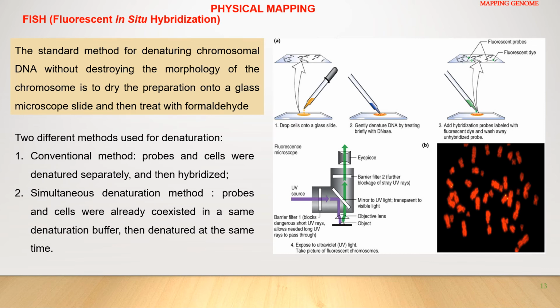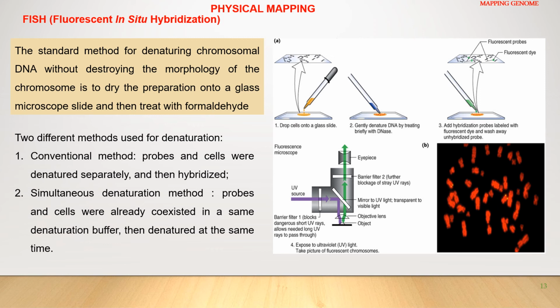The mounted cells are incubated in the denaturation solution at 70 to 72 degrees centigrade for 2 to 5 minutes and then removed. In the same way, the probes are incubated in the denaturing solution. The composition of the two denaturing solutions may slightly differ. Then the denatured probes are mounted onto slides with the cells and allowed to hybridize.